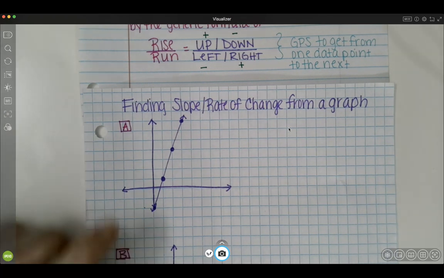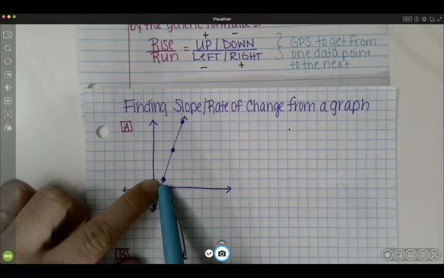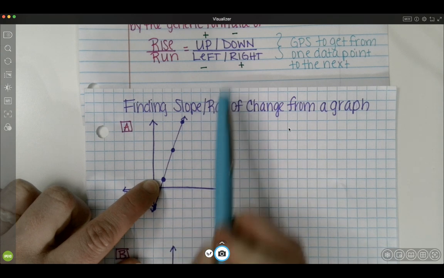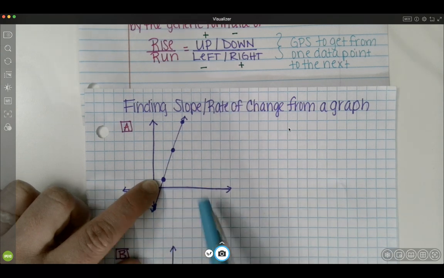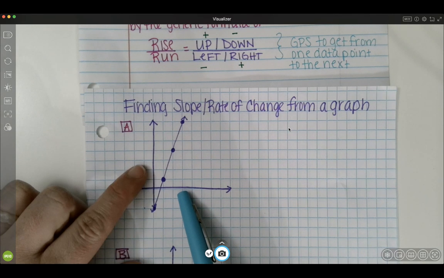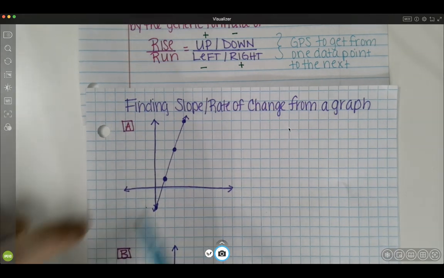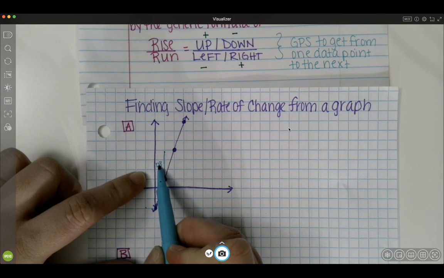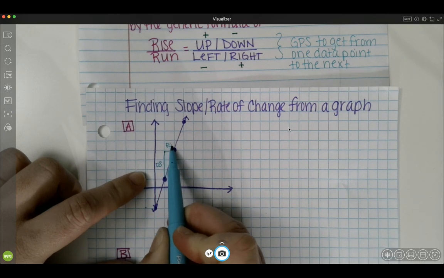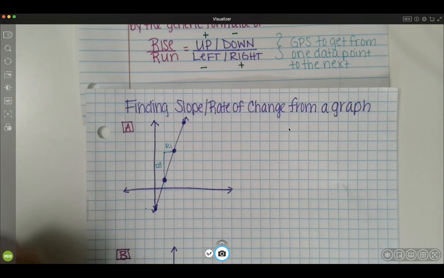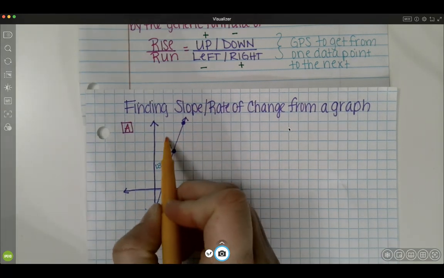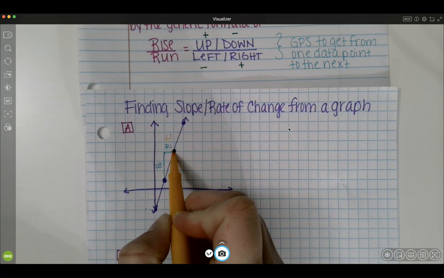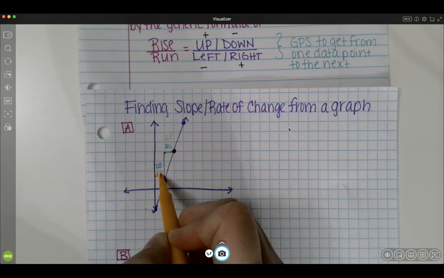draw a path. I'm only allowed to go up, down, left, right, and I want to get from one dot to the next. Please understand there's multiple ways I can look at this. There's actually 4 different ways. I could go up 3 and right 1. I could technically go left 1, so if I went from this dot, left 1, and then down 3.